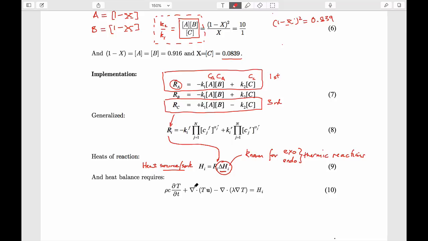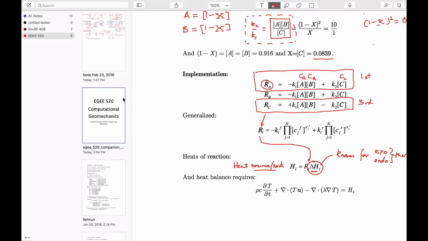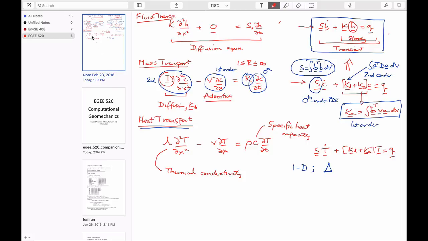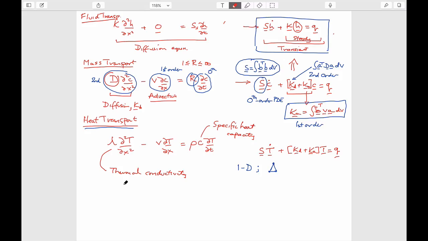And the way that would work is it would work on another relationship which we would define to represent heat transport. You remember when we started off on this journey this afternoon, we had this expression here. We made the comment that if you look at mass transport, we have a diffusion advection equation that transports mass concentration.